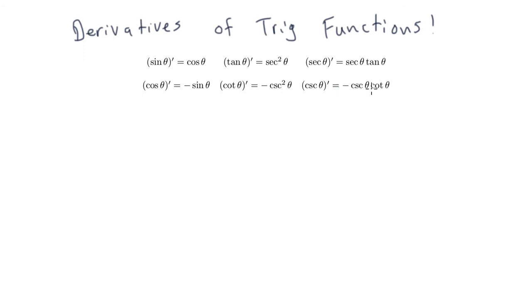So there's definitely some symmetry going on, but the key thing to remember, you say, okay, well, when do I pick up a negative? How can I remember that the derivative of sine is positive cosine while the derivative of cosine is negative sine? Well, here's the observation that's going to really help you out. If it starts with a C, pick up a negative.